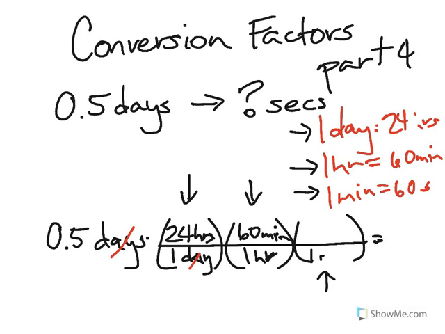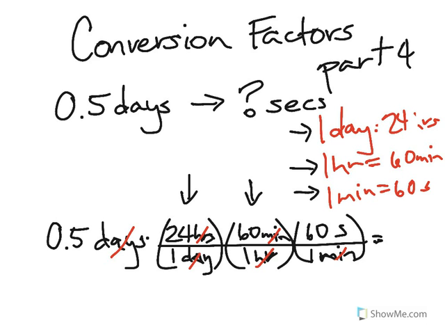So 1 minute is equal to 60 seconds. And if you take a look at how I set it up, the days cancel out, the hours cancel out, the minutes cancel out because they're in the numerator and the denominator, and I'm left with seconds for my final answer, which is perfect. That means I set it up correctly.